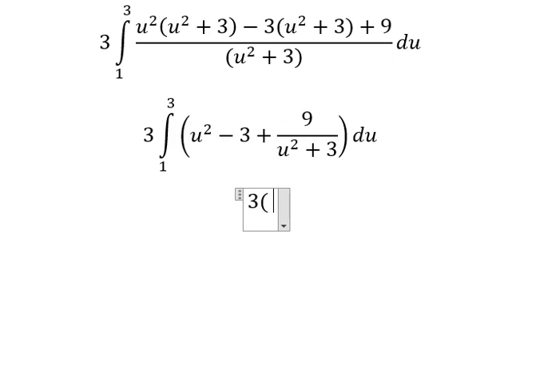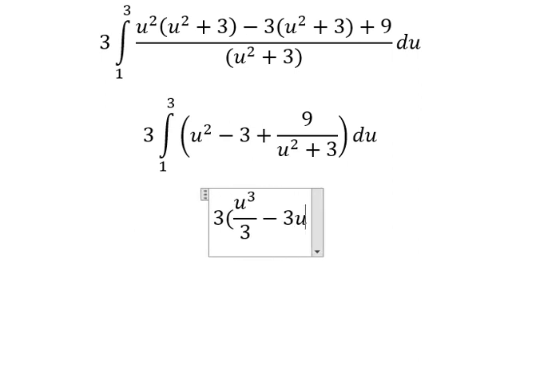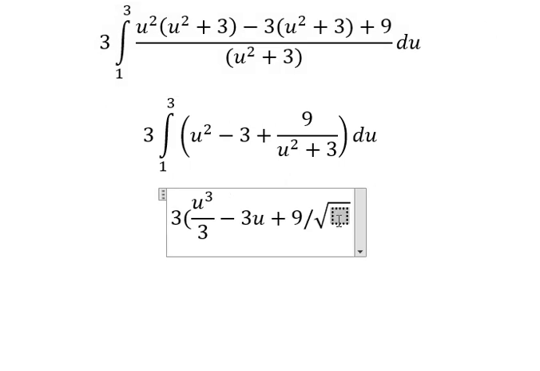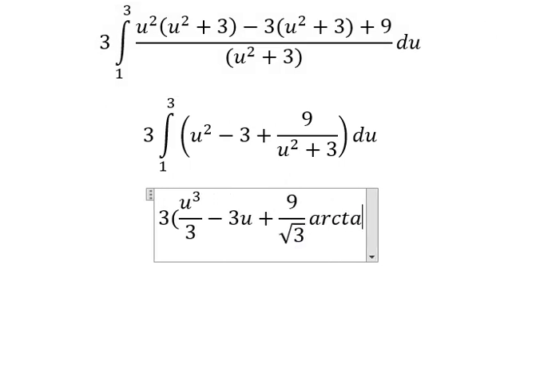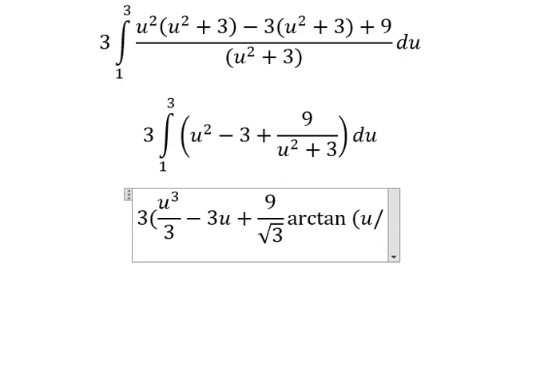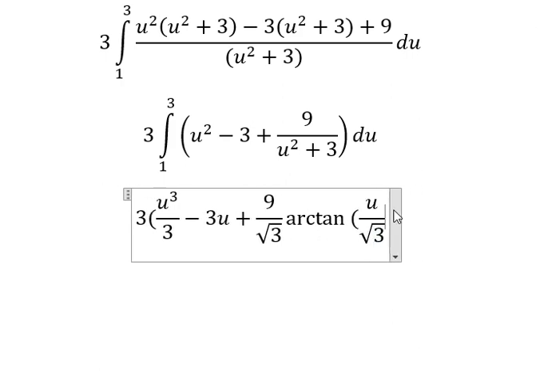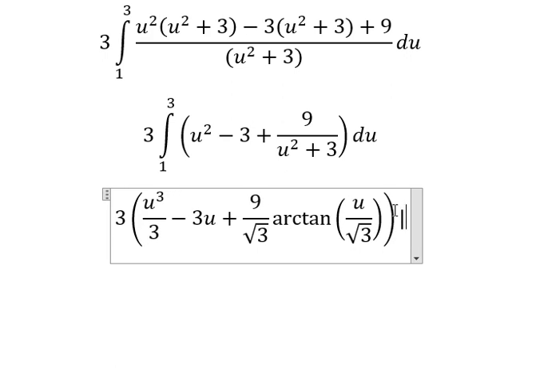The integration of u squared gives u to the power of 3 over 3. The next one gives 3u. The next one is 9 over the square root of 3 times arctan of u over the square root of 3. And we put the bounds from 1 to 3.